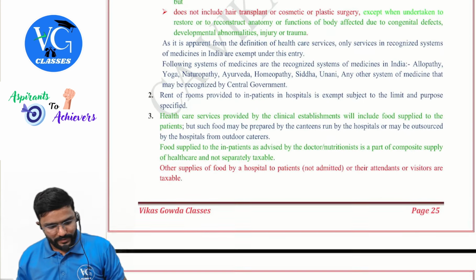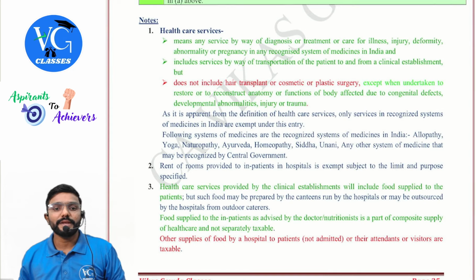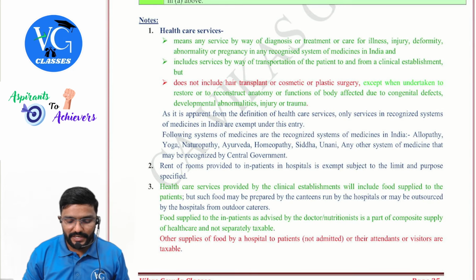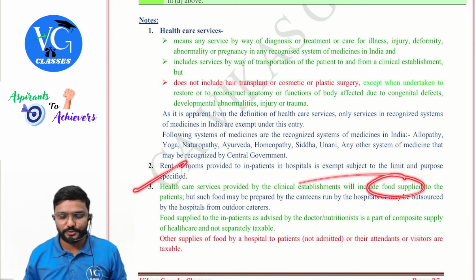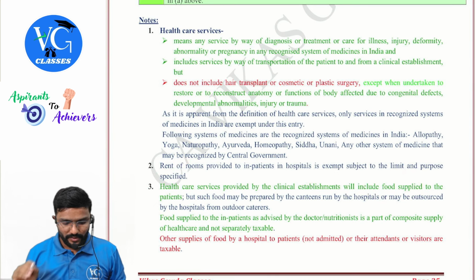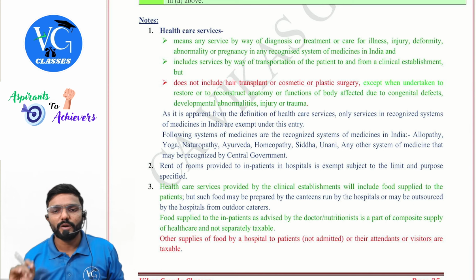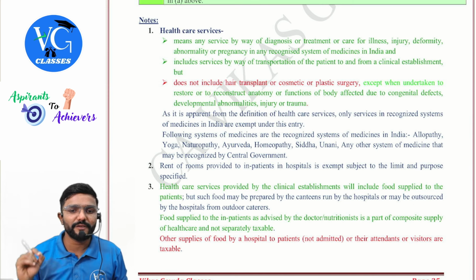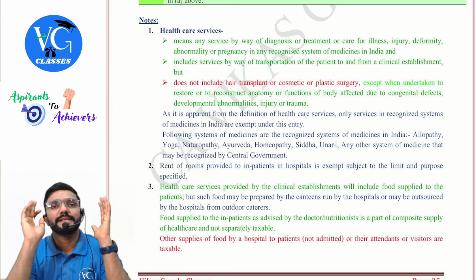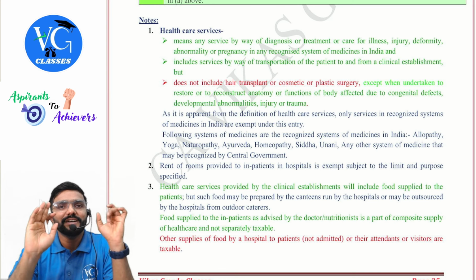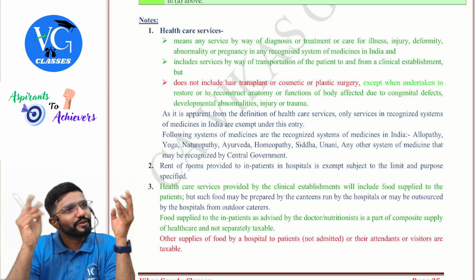Next, healthcare services provided by the clinical establishment include food supplied to the patient, but such food may be prepared by the canteen run by the hospital itself, or may be outsourced by the hospital from outdoor caterers. For the patient, healthcare services will include food also.